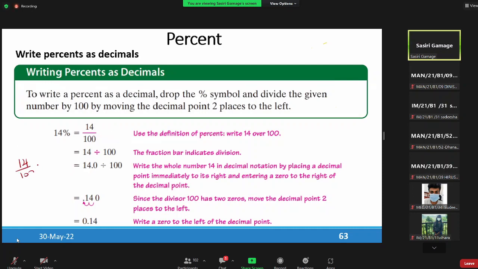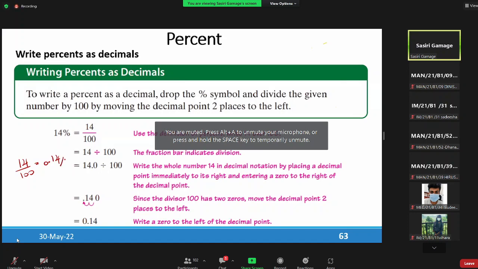That means we keep the 14 here, and dividing by 100 means we move 2 decimal places to the left in the numerator, like this, and this is the answer.